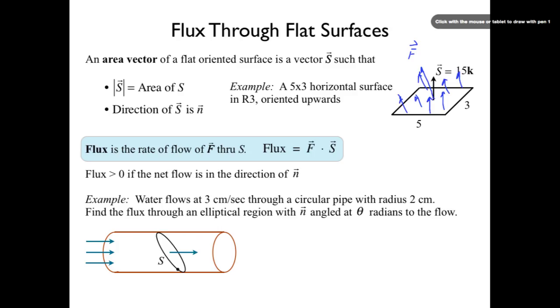Imagine there's a membrane here and stuff is flowing through, and we want to know the flux through the membrane. So n is like that, for this S. We're orienting the positive orientation of the surface up and to the right, orthogonal to the surface S. So we want to calculate F dot S.